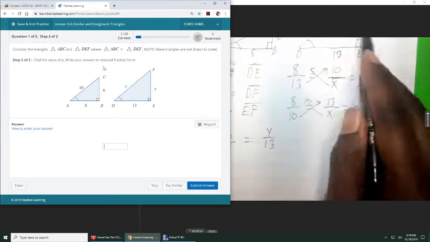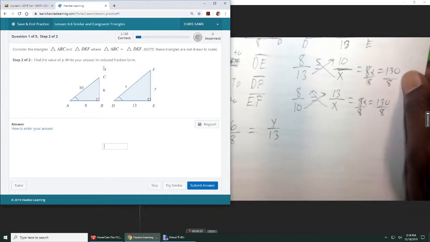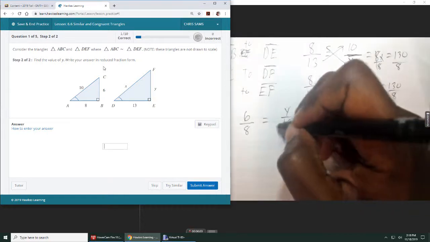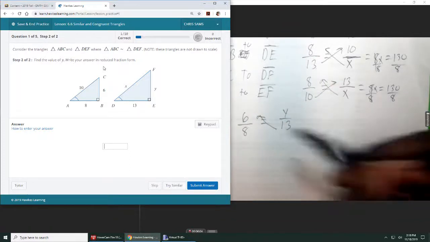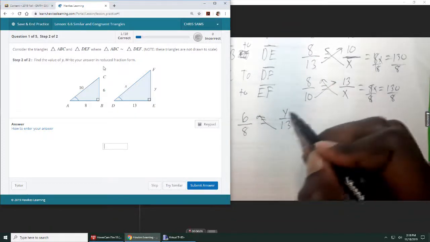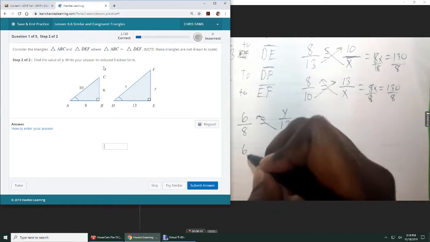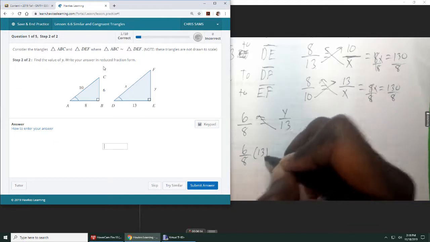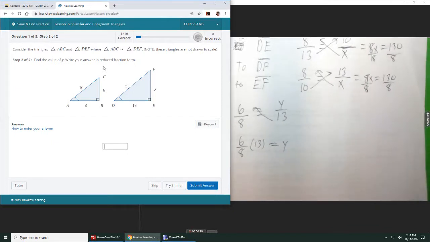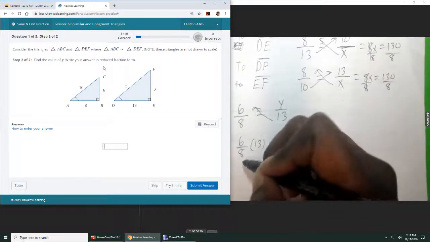Okay, so I'm putting the corresponding sides on the top, these two guys on the bottom, and then from here to solve, all we really need to do is multiply this 6 over 8 times 13, and then we'll be left with y. So I don't actually have to cross multiply because I'll end up dividing again. So we're going to do 6 over 8 times 13 is going to be equal to y, and basically we get 3/4 times 13.